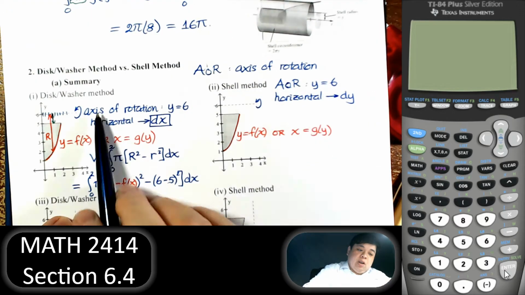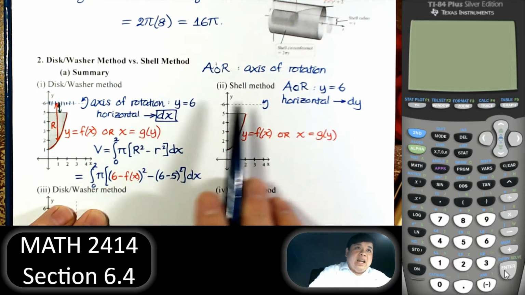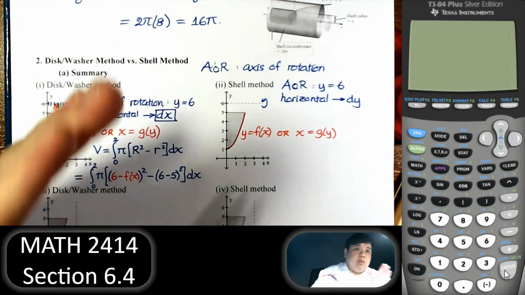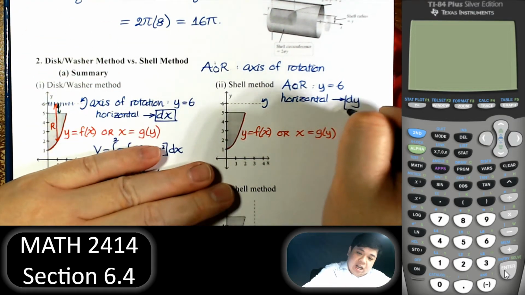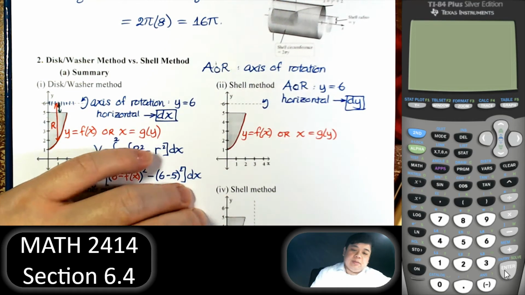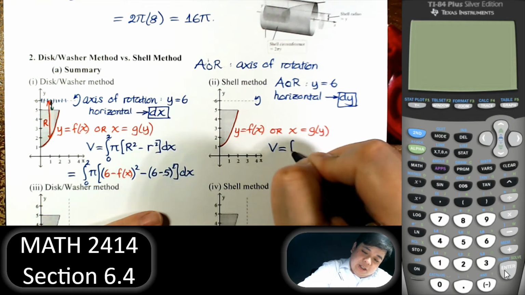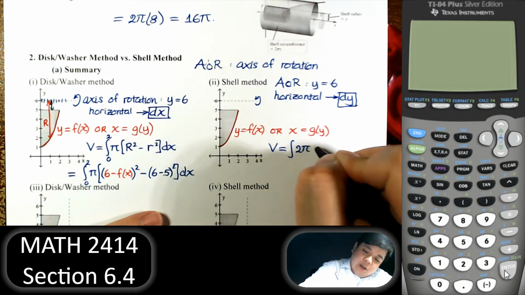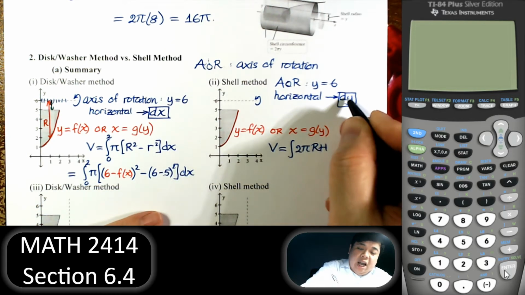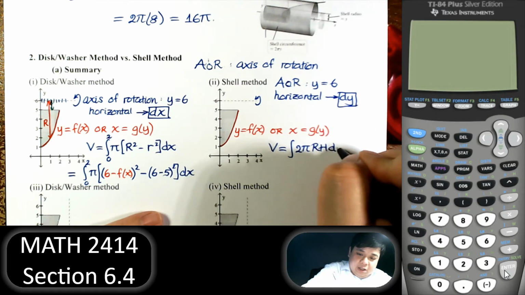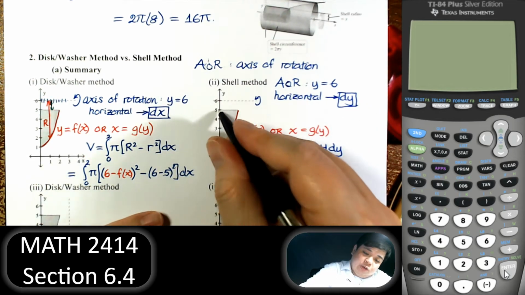So you see, the washer method and the shell method go opposite ways. One is dx, the other one is dy. So the volume by shell is 2 pi r h, and the width here is dy. y goes from 1 to 5.